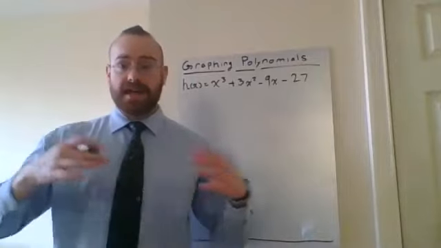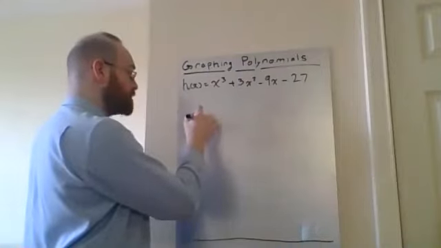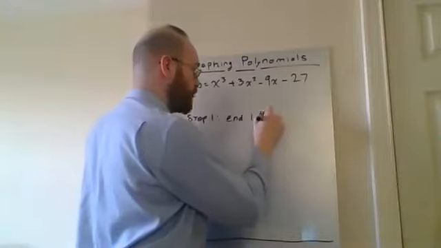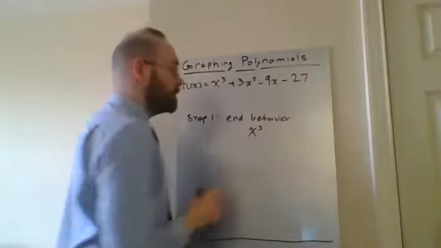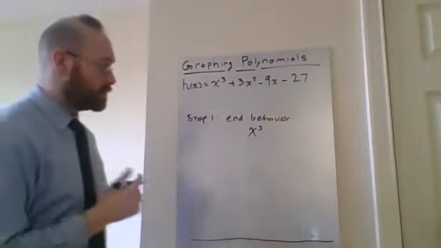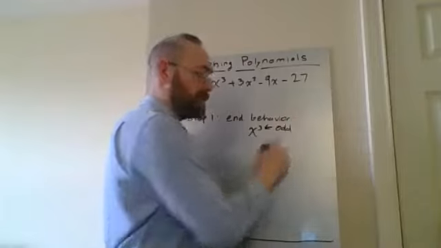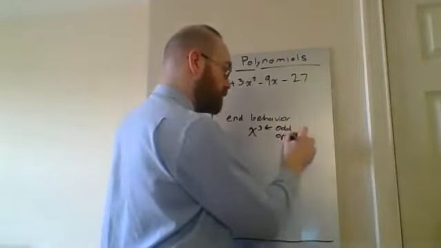To get started as a partnership, though, recall that our first step is end behavior with our leading term, x cubed. Now, we know that the power is odd, and when the degree is odd, the end behavior is going to be the opposite on both sides.